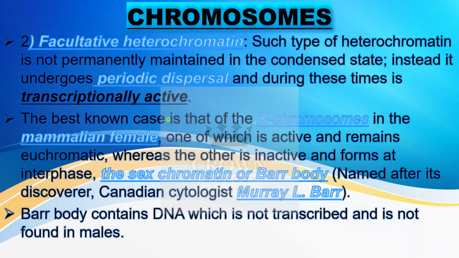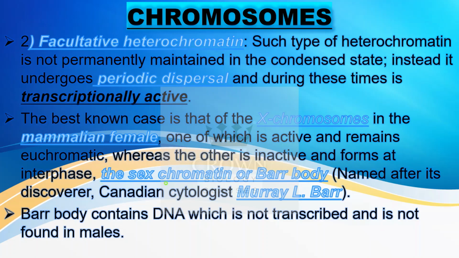The best known case is that of the X chromosomes in the mammalian female. As we know, the mammalian female has two X chromosomes. So one of the X chromosomes is active, that means in which transcription is possible and it remains euchromatic, whereas the other sex chromosome is inactive and it forms heterochromatin.